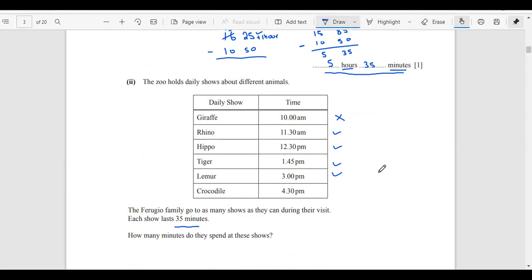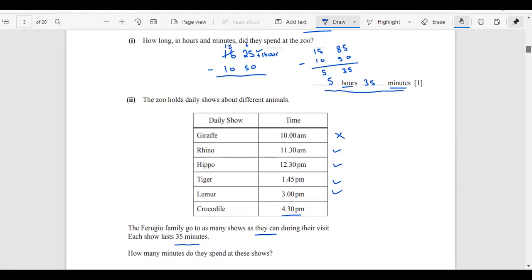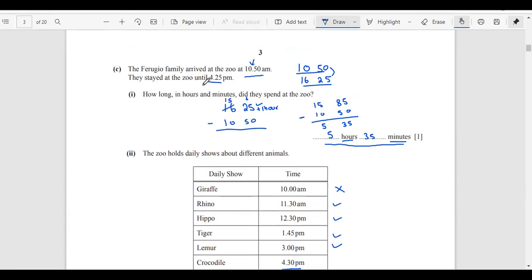Okay. Now I'll tell you one thing. They are saying that the family go to as many shows as they can during their visit, okay? And each show lasts for 35 minutes. Now the show started at 4:30 p.m. and they left at 4:25 p.m., right?